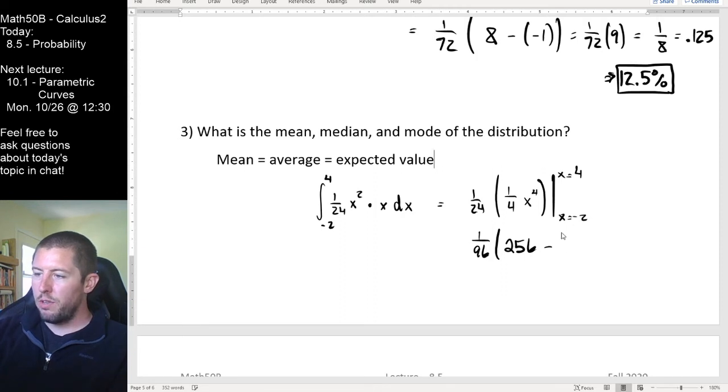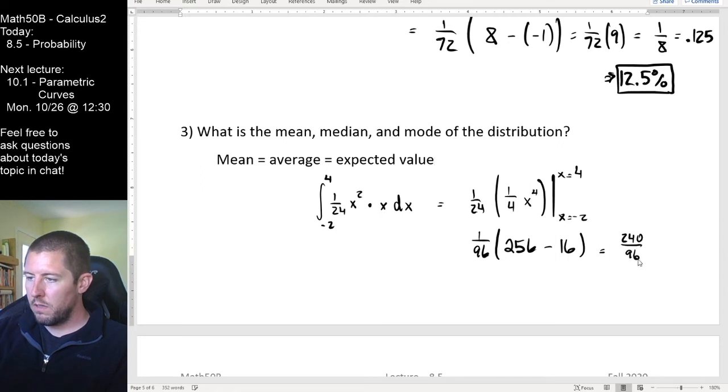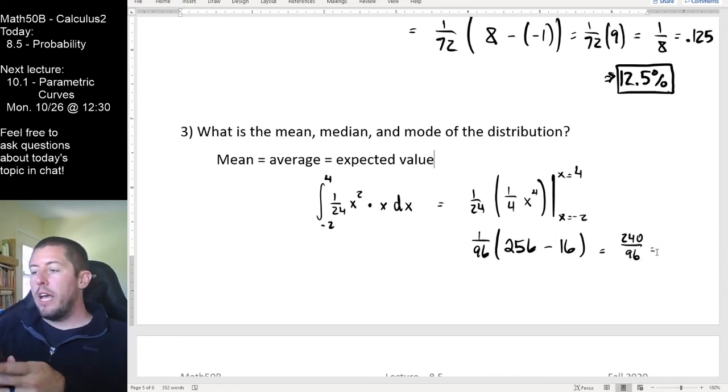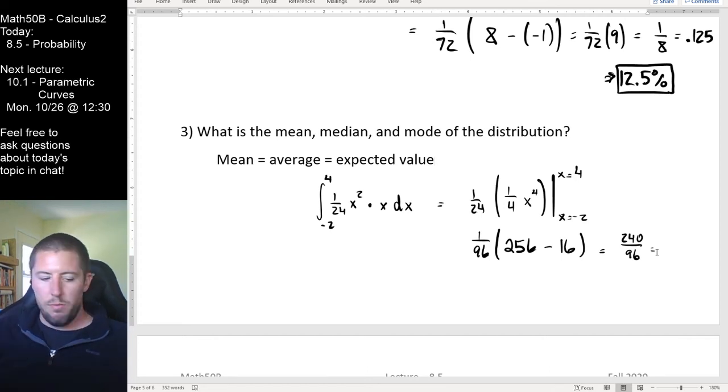Minus 2 to the 4th is 16. And notice -2 to an even power is positive. So what's that, 240/96? Oh, that's just 2.5. Interesting. That came out nice and easy.